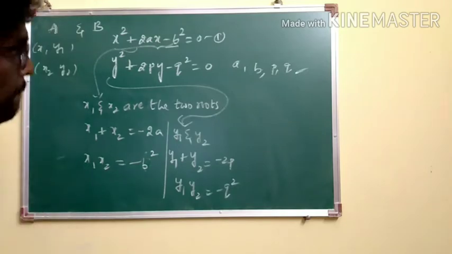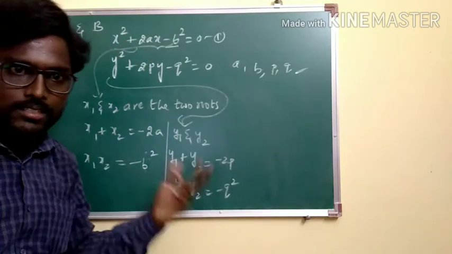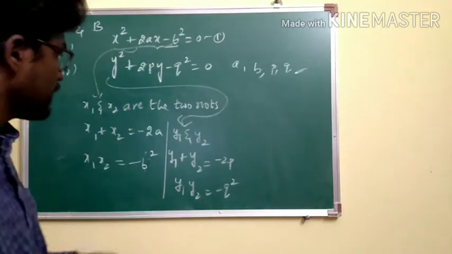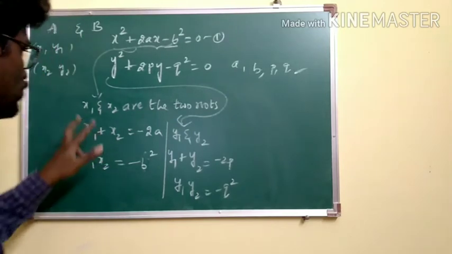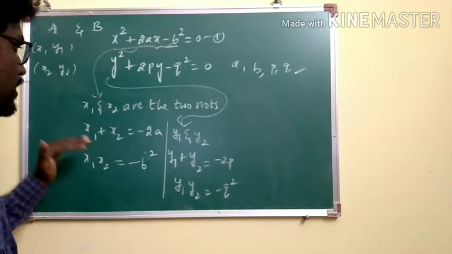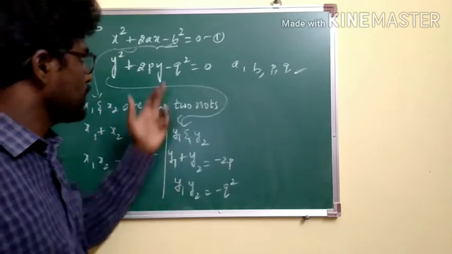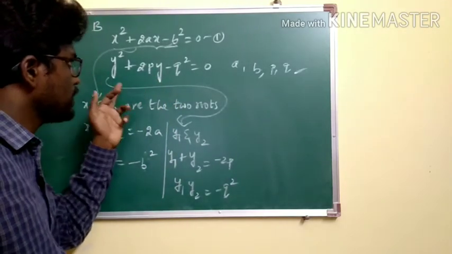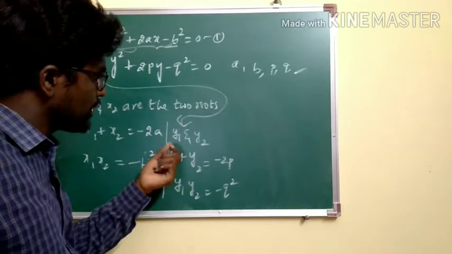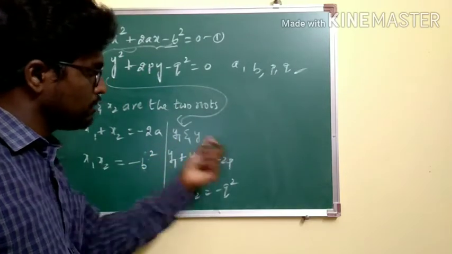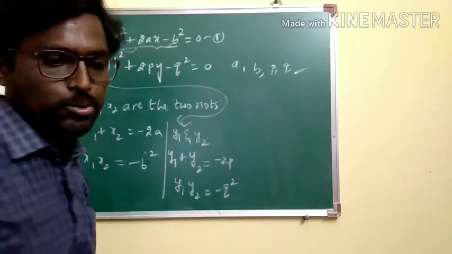Hope you understand. For the first equation, since it is in terms of x, I have taken the two roots as x1 and x2, such that their sum is minus 2a and the product is minus b square. And for the second equation, as it is in terms of y, I have taken the roots as y1 and y2, such that their sum is minus 2p and product is minus q square.